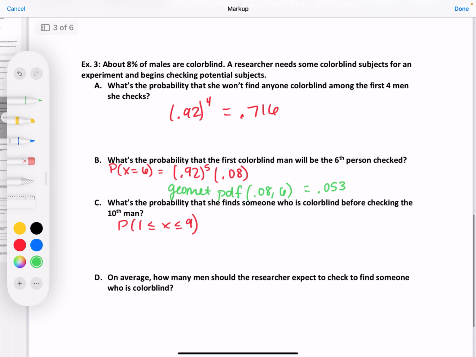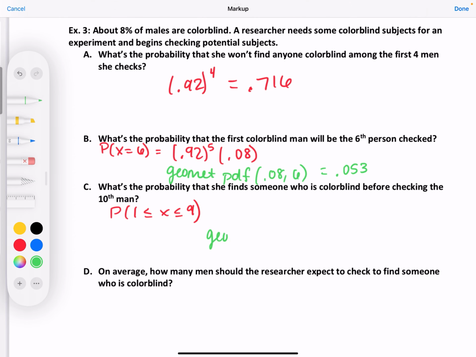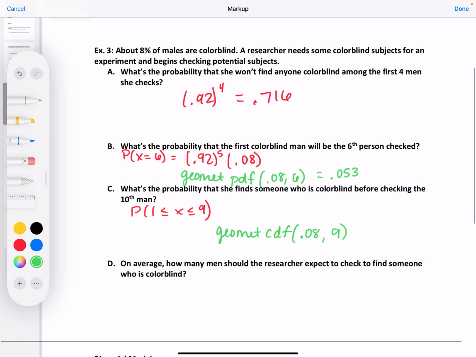Yep. So geometric CDF of 0.08 and then 9 because we care about up through 9. 0.528.